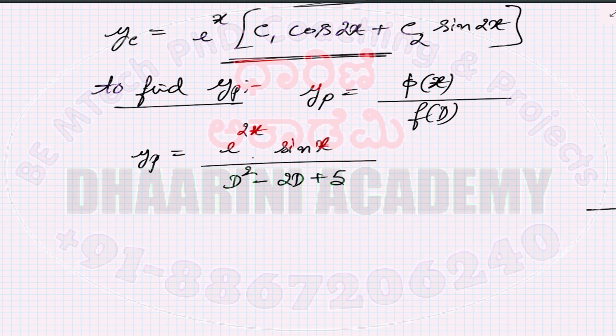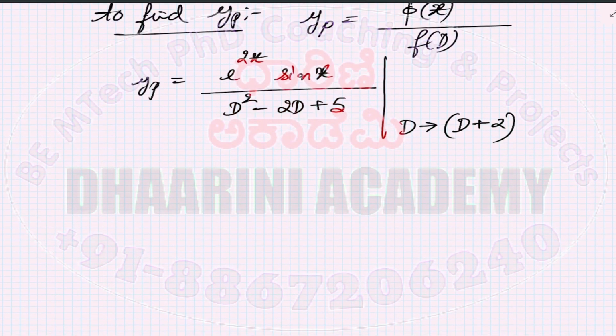As soon as we see the phi of x being in the form of e^(2x) sin x, it's e^(ax) into V. We understand that this particular problem is a type 4 question. As soon as we have a type 4 question, our intention is to replace the D by D plus a. A is positive and it is 2 here, so we replace D by D + 2.